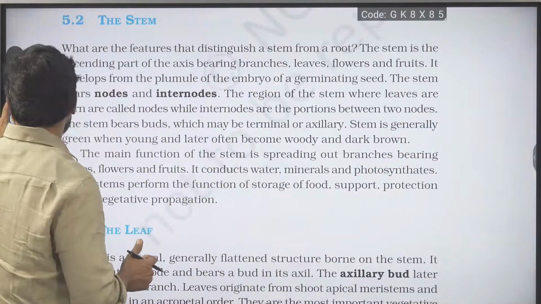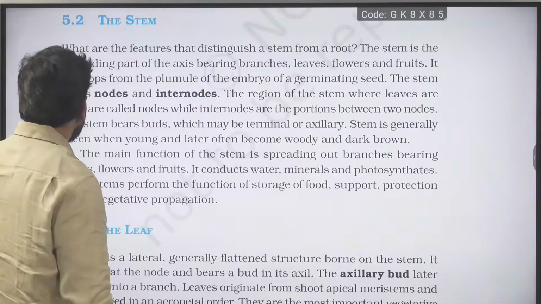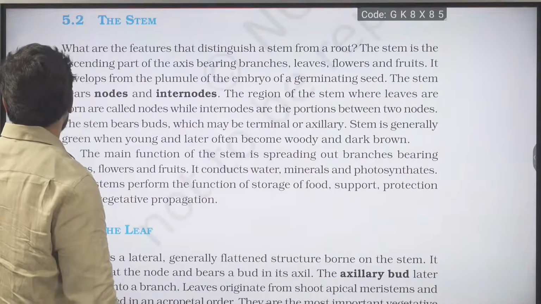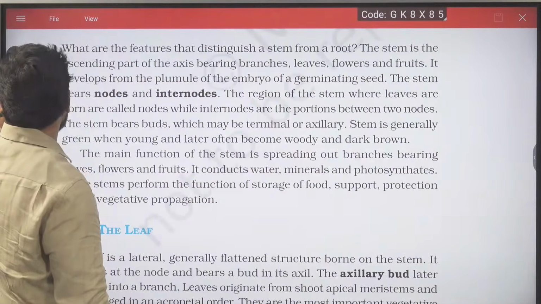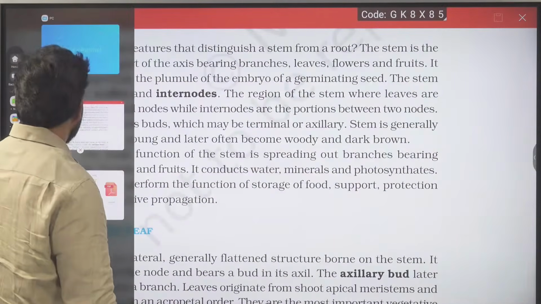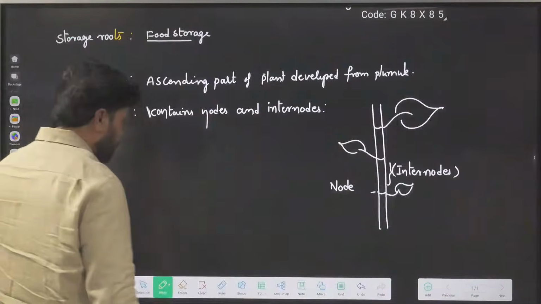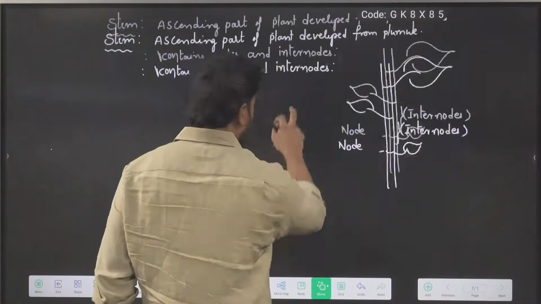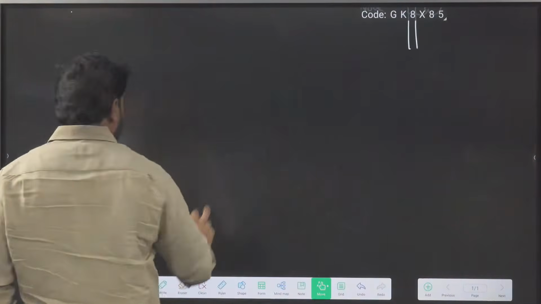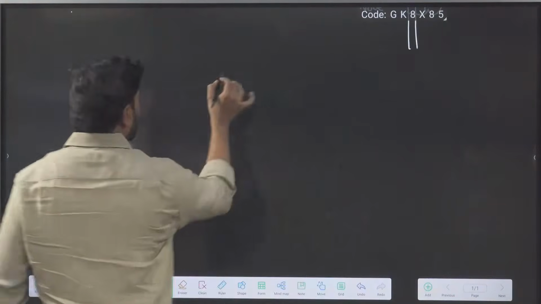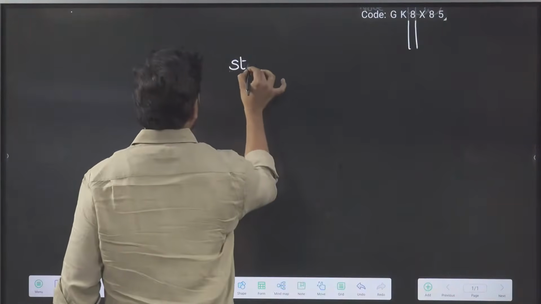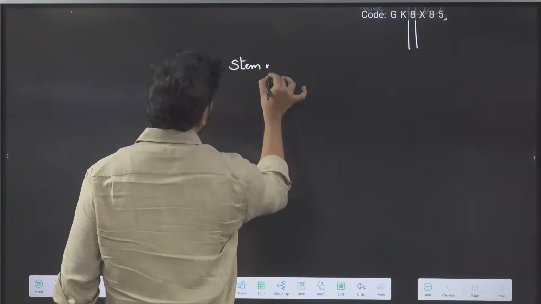Stem modifications. First of all, what do you mean by modification?